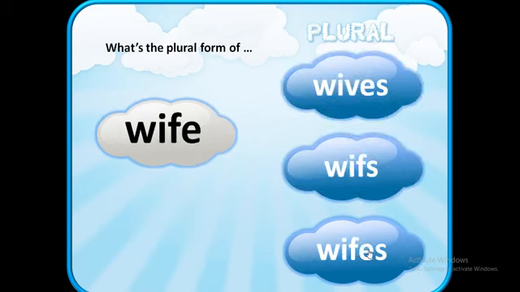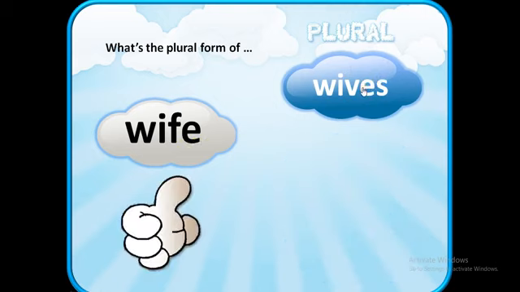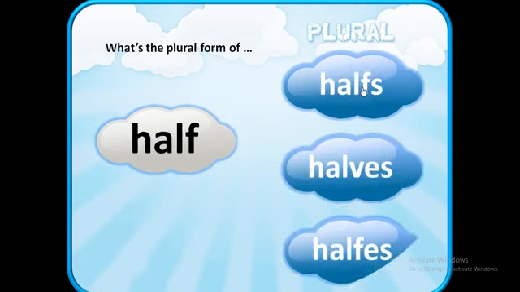Now, what's the plural form of wife? This one ends with FE. What am I going to do? Change the F to V, keep the E and add S. Wives.